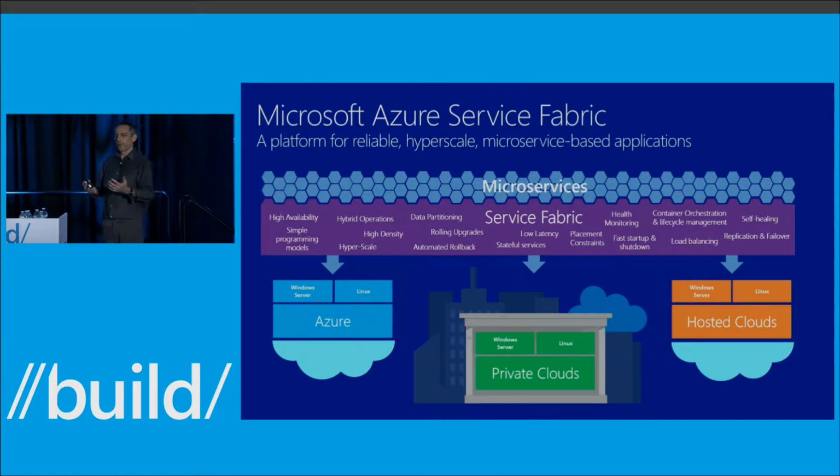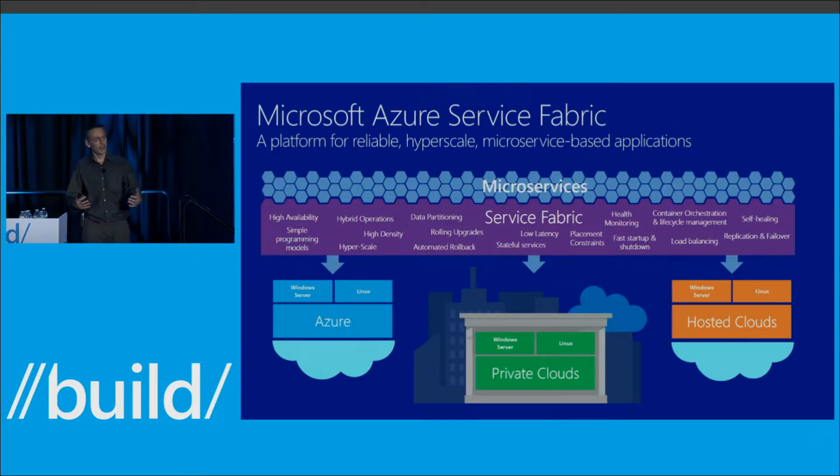And even more so, our objective is that we're taking this platform, and not only will you be able to take those applications that you build against this SDK and run them in a service that we run inside Azure, but also we're putting the same platform directly inside Windows Server 2016. And what that means is that you'll be able to build those applications. You can run them inside Azure with no code changes. You can set up a cluster of machines on Windows Server, and you can host them inside your private clouds. You can host them anywhere where Windows Server 2016 is running.